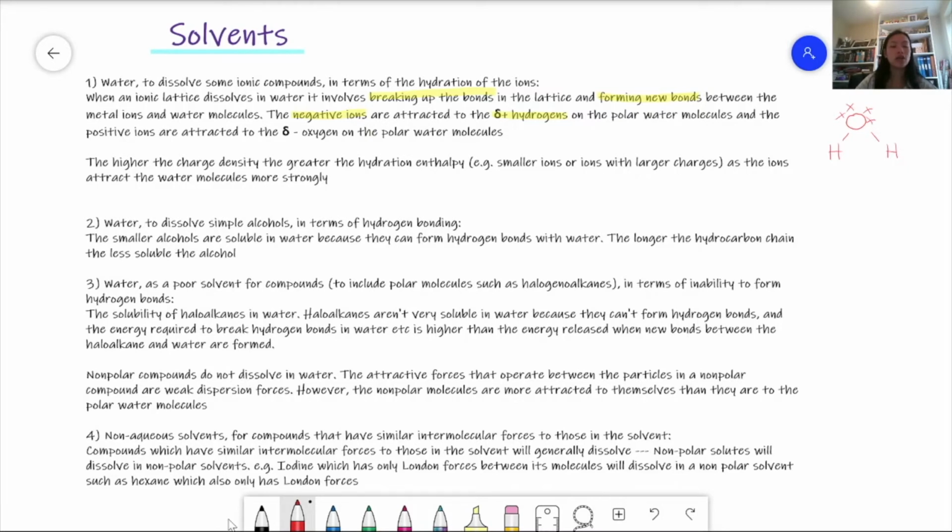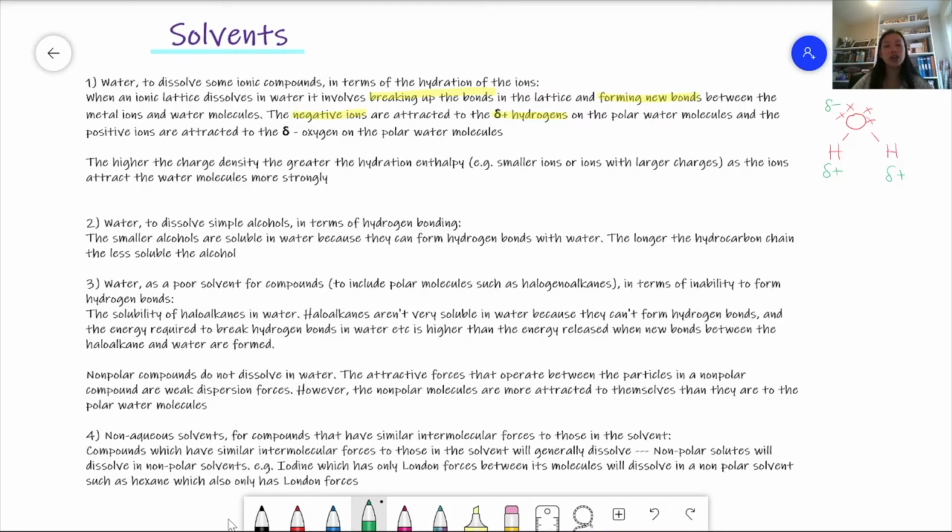And because oxygen is so much more electronegative than hydrogen, the bonds are polar, and we have that oxygen becomes the partially negative charge and the hydrogens are the partially positive. So this is saying that the negative ions of the ionic lattice are attracted to these hydrogens on the polar water molecules. And then the positive ions in the ionic lattice are attracted to the partially negative charge of the oxygen.